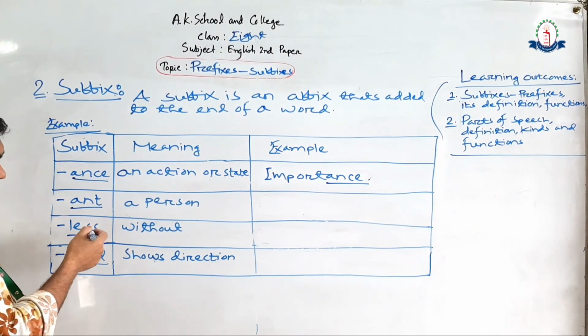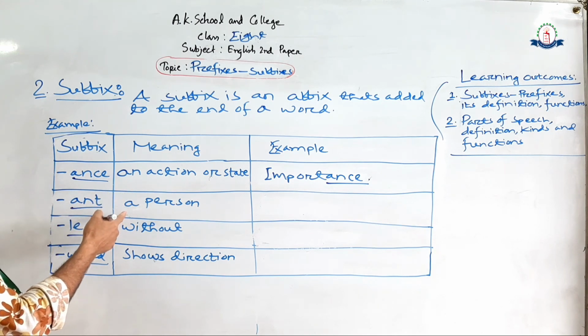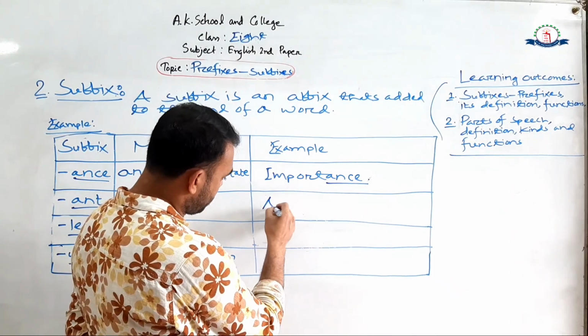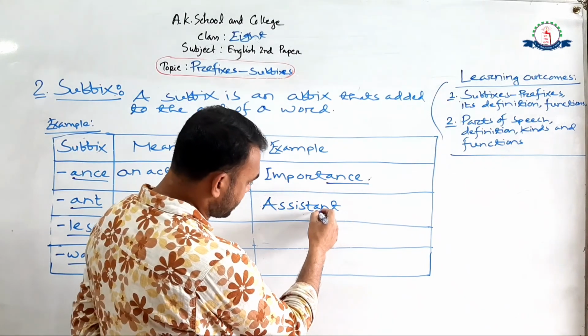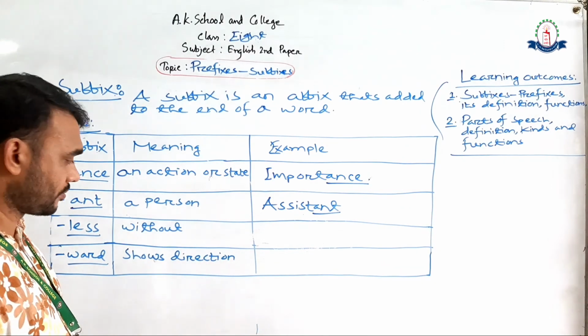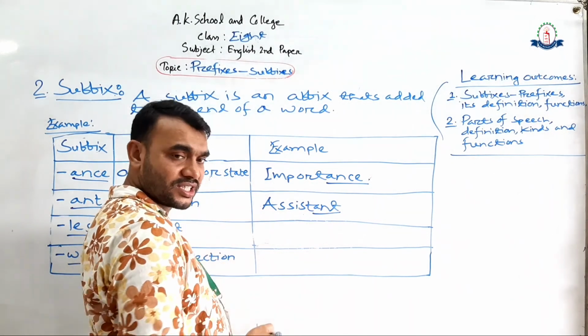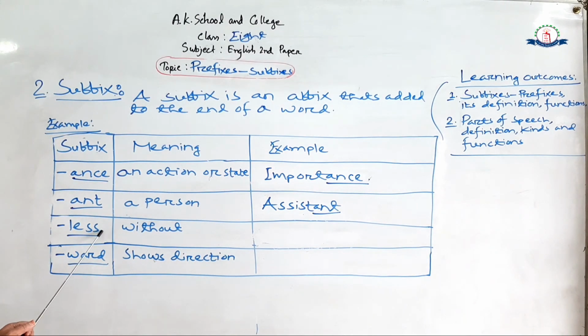Here in the second example, you look, I have written ant, and its meaning is a person. So what will be the example? I have written assistant. Here is the ant. So assistant indicates a person. So here the letters ant are the suffix. In example 3, you see here I have written less, which means without.